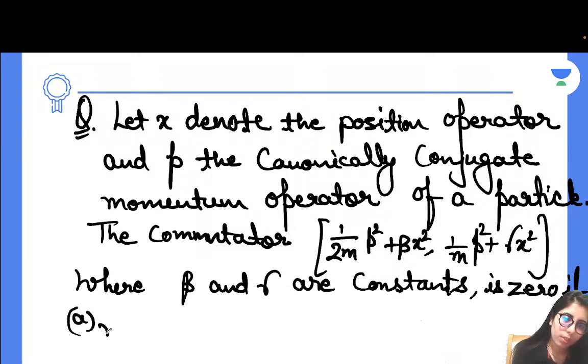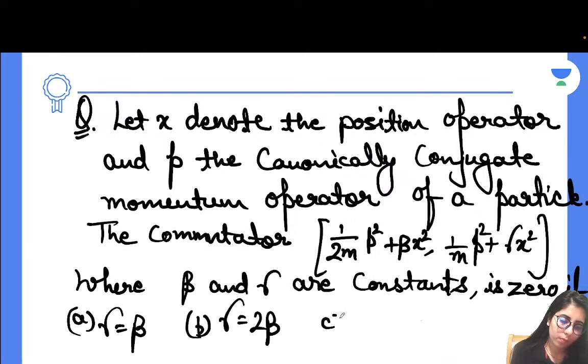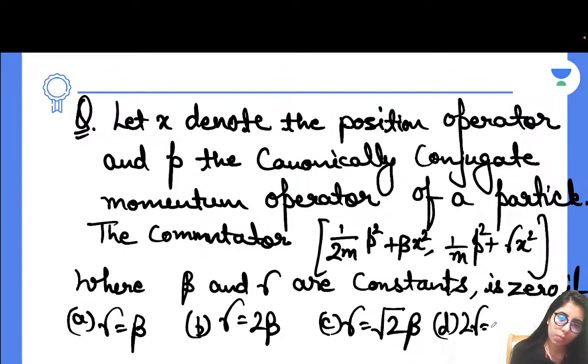Options are gamma is equal to beta, gamma is equal to 2 beta, gamma is equal to square root 2 beta, and 2 gamma is equal to beta. Try it now and let me know as you get it done.